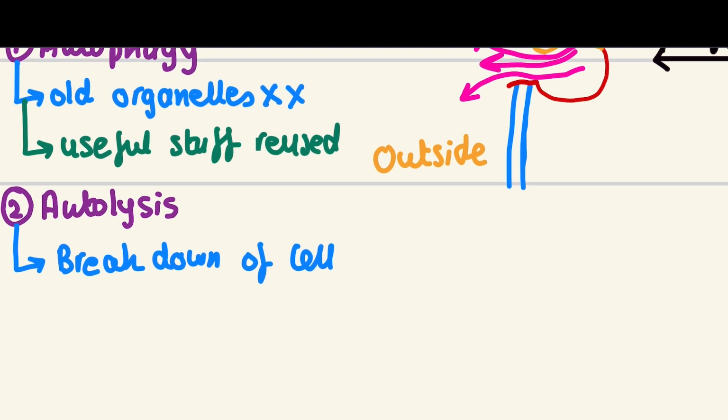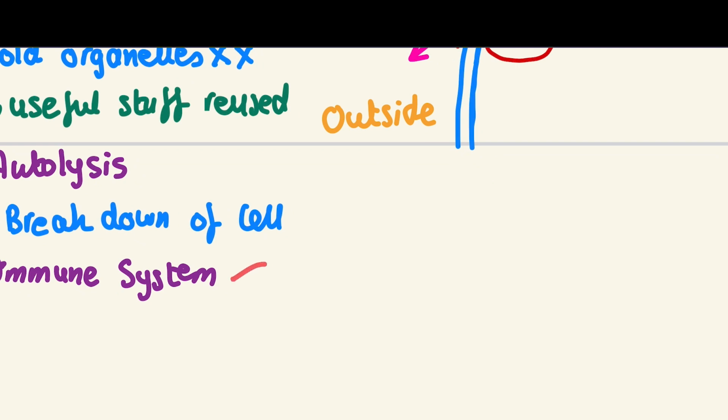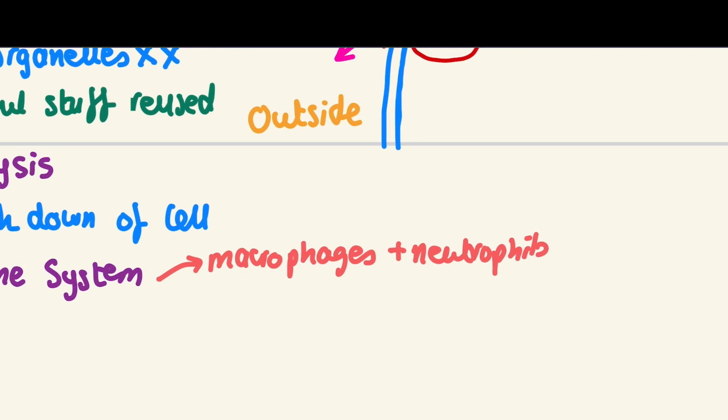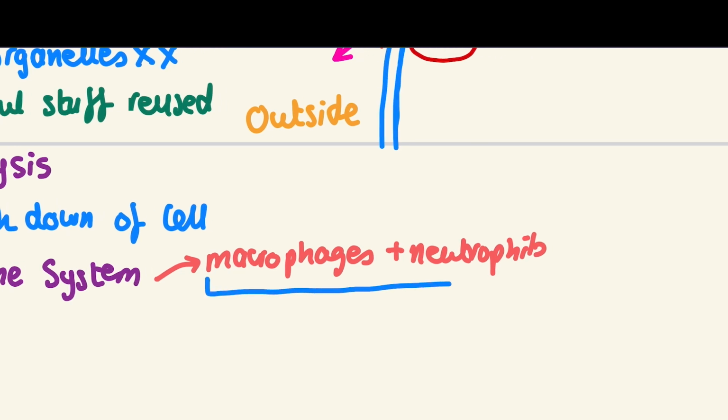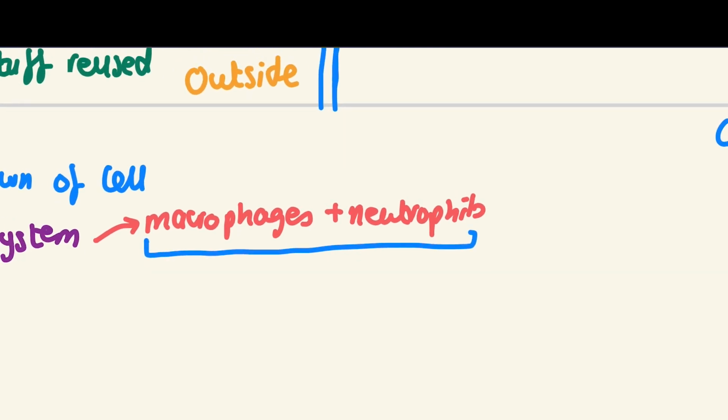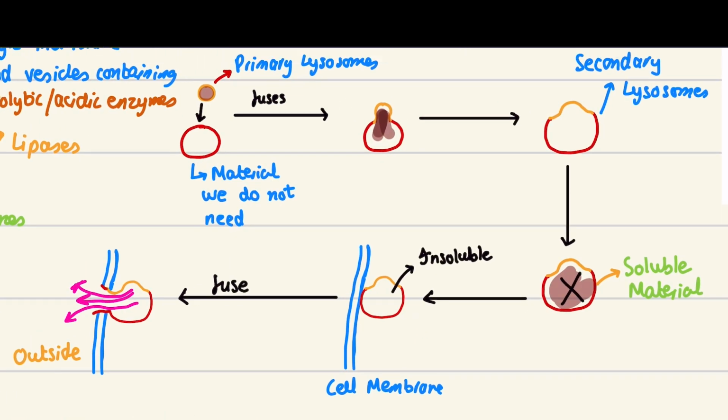One more thing that I have, which is really important, is the immune purpose. Let's just write immune system. So I have these cells called macrophages and neutrophils, and they do something called phagocytosis, which is essentially this same thing happening.